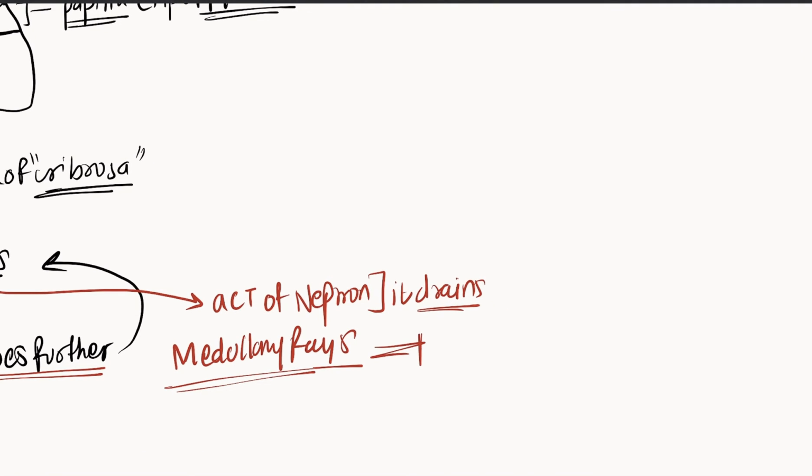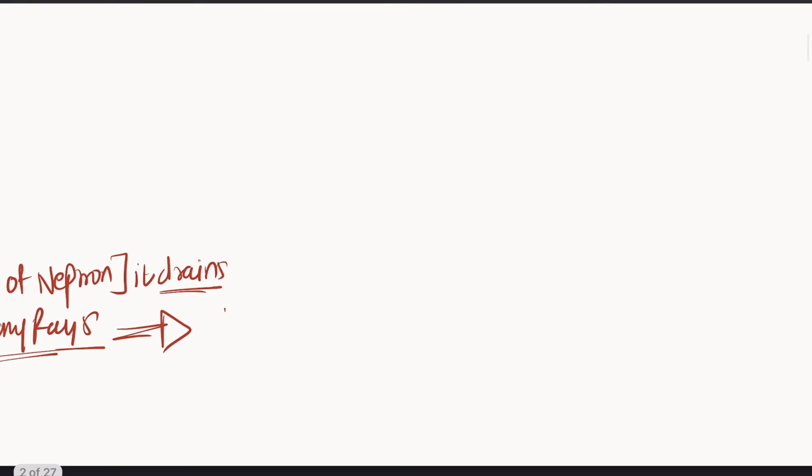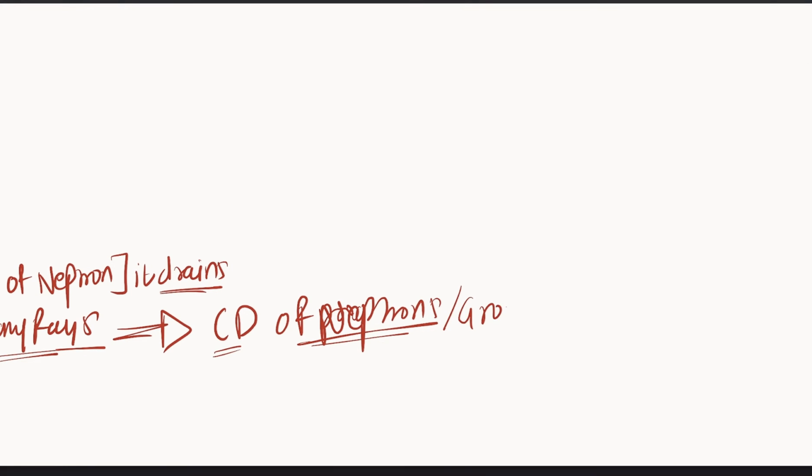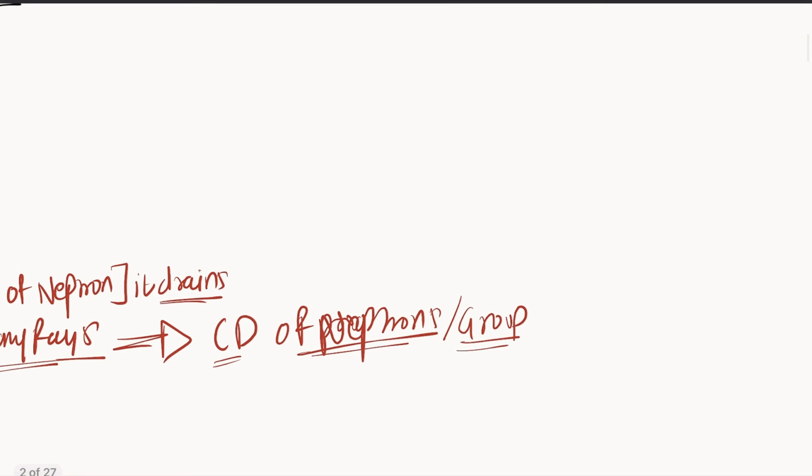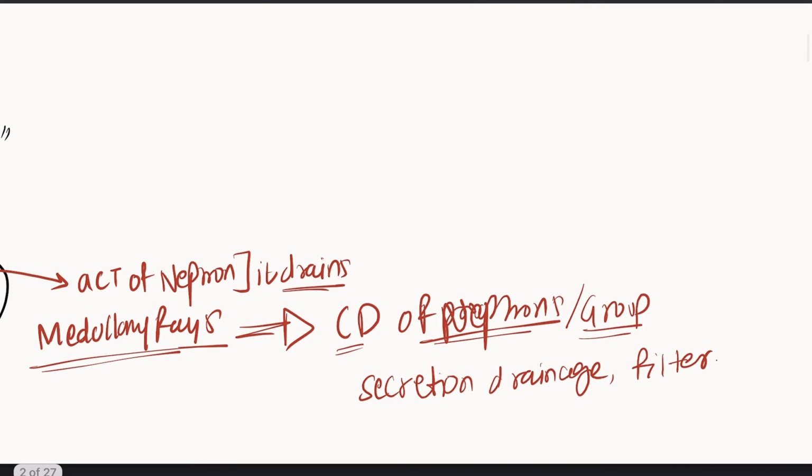Medullary rays are just collecting ducts, or groups of nephrons, which help in secretion, or let's say drainage, or let's say filtration.